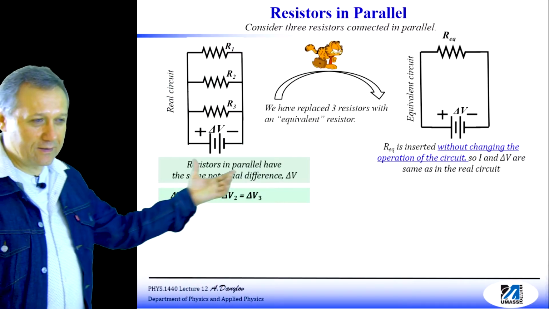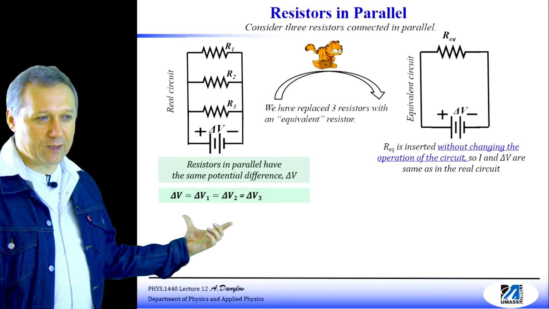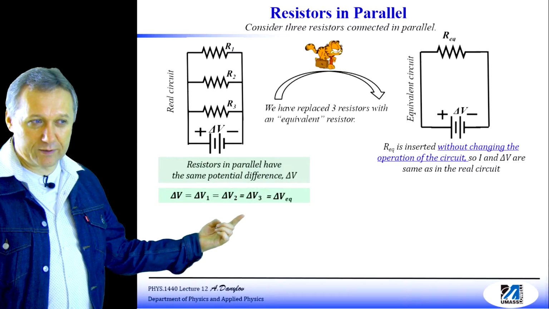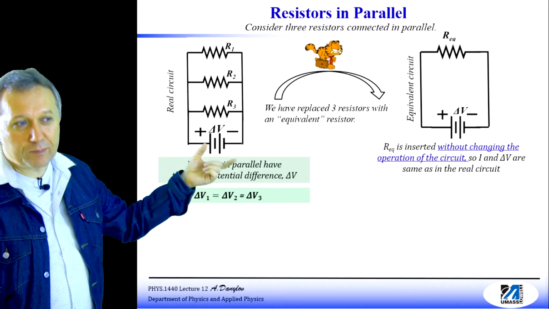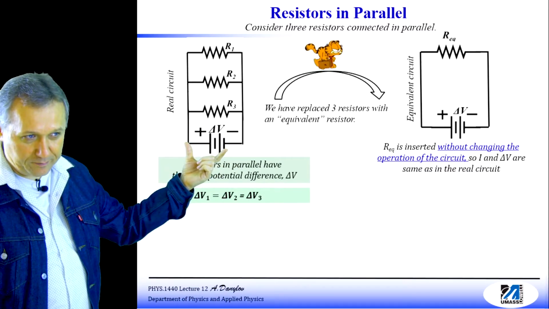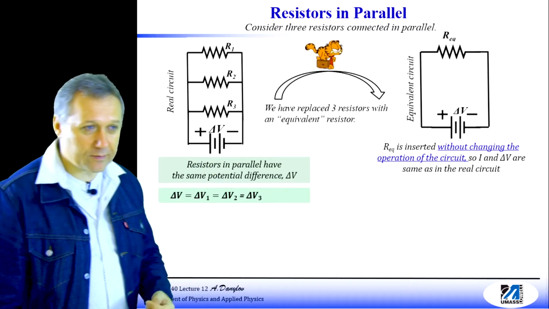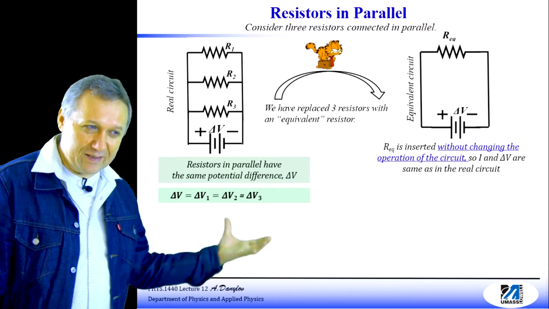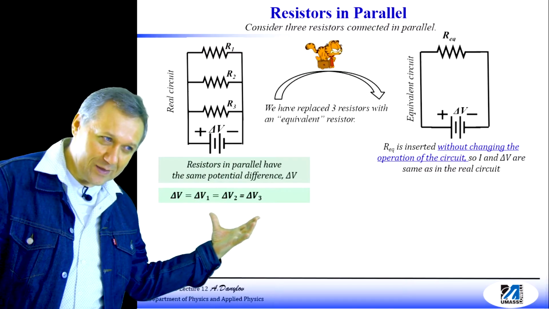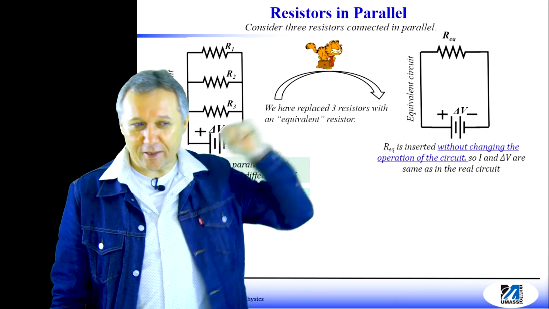So we can write this: delta V1 equals delta V2 equals delta V3, and equals the potential difference provided by the battery, because they're connected in parallel. Now, let's connect these potential differences with the potential difference across an equivalent resistor.